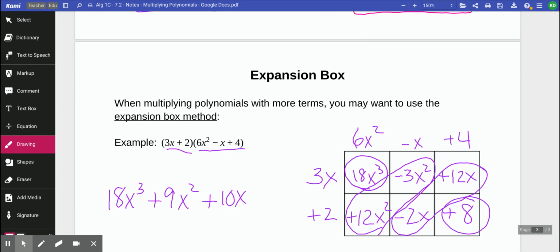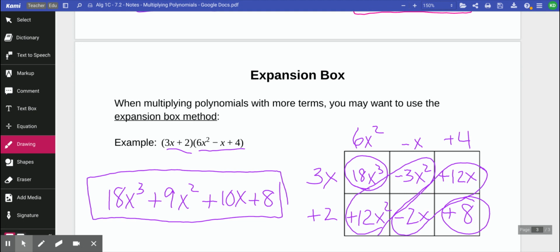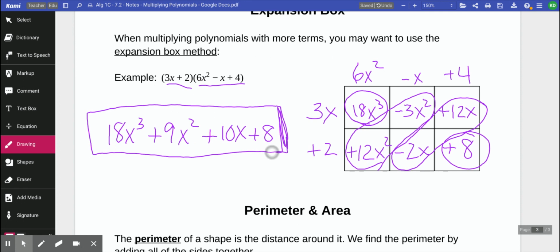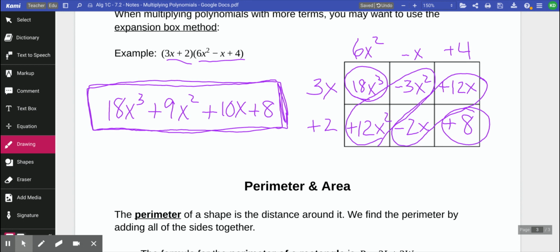And then finally plus 8 is our last one. So we end up with a cubic polynomial with 4 terms. Okay? So you can use that for any size polynomials, but it's especially helpful when we start multiplying bigger polynomials together, because we had 6 terms there before we combined, so that way we don't lose any of them.